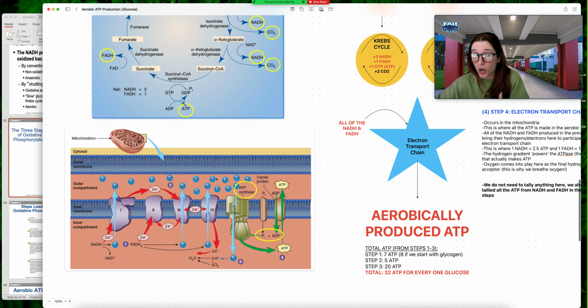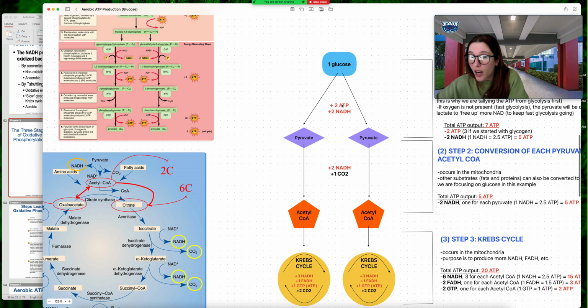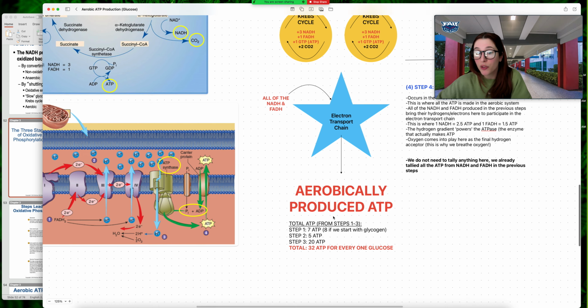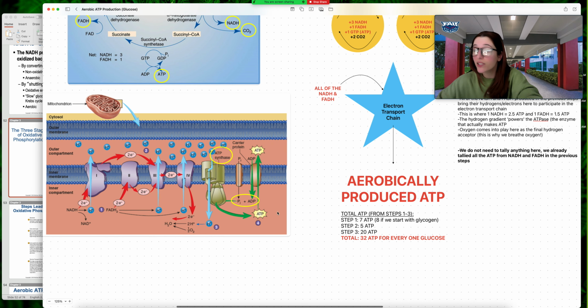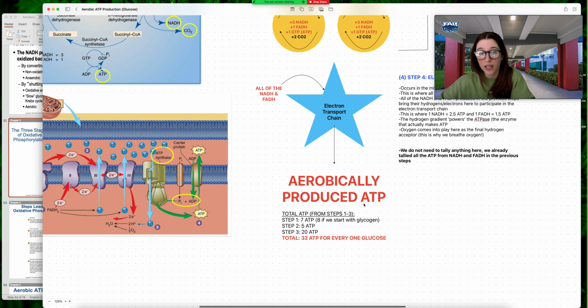And as you know, it's the hydrogen gradient that powers the ATP synthase, the enzyme that makes ATP. Right there is where all of the ATP is being made aerobically. Yes, we made a couple regular ATPs along the way, but for the most part, all of the ATP produced aerobically are coming from all of those NADH coming along and giving their hydrogens here, okay?